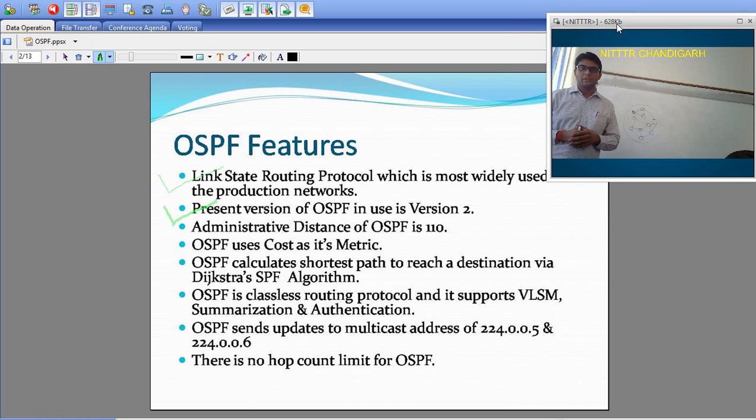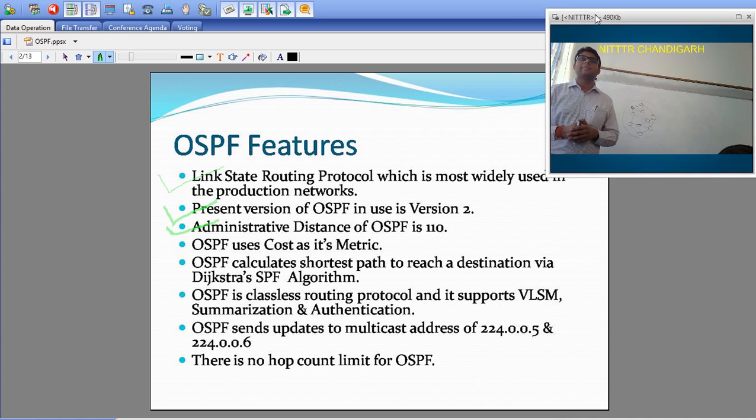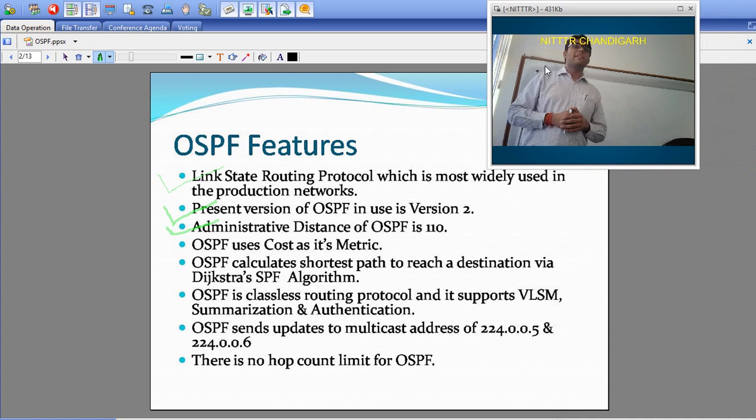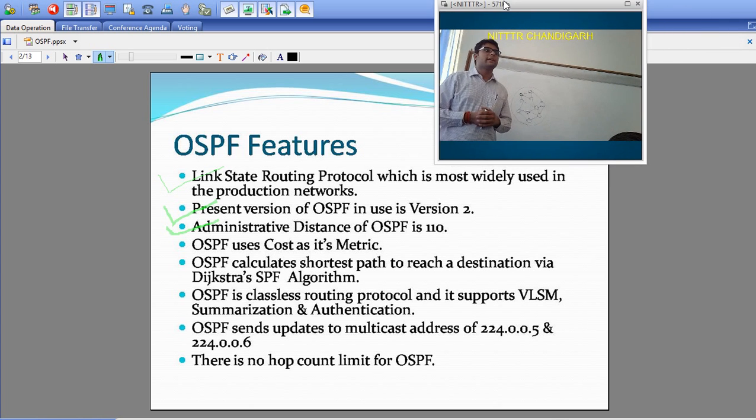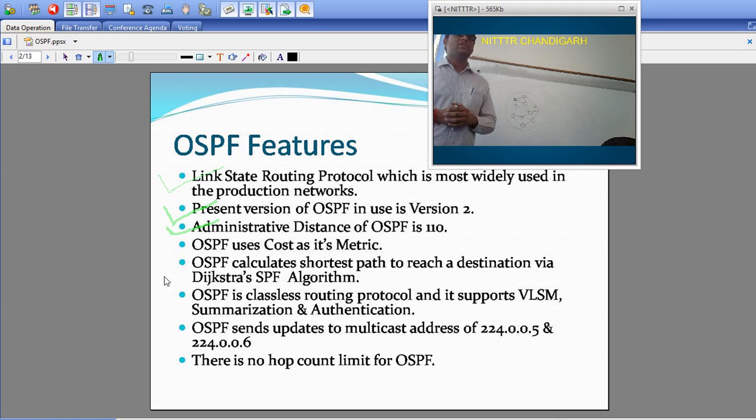Is it clear? The administrative distance of OSPF is 110, which is less than RIP. We have another routing protocol, for which our session could not happen yesterday, which is EIGRP, Enhanced Interior Gateway Routing Protocol. EIGRP has an administrative distance of 90.